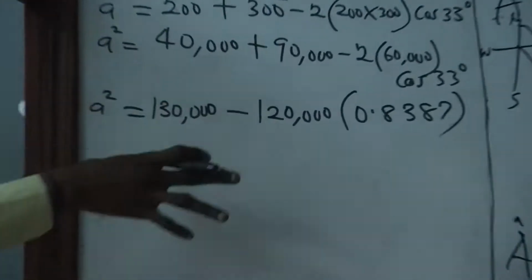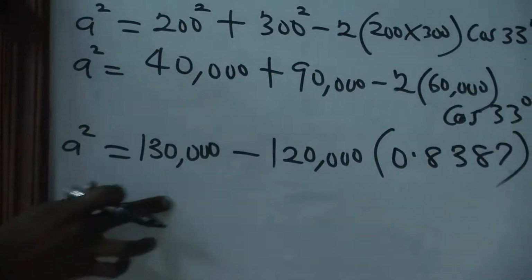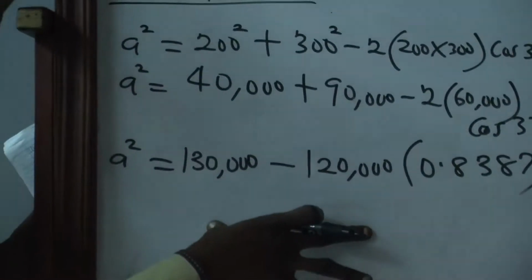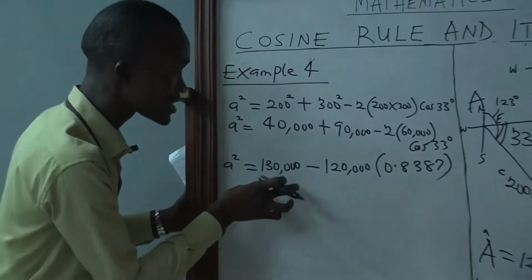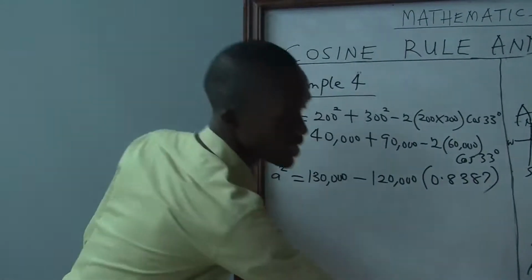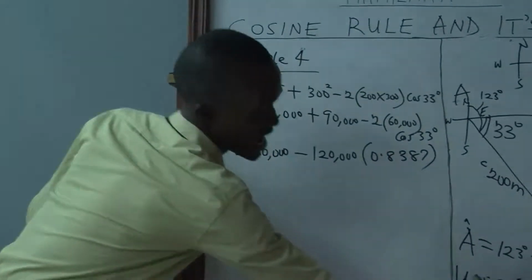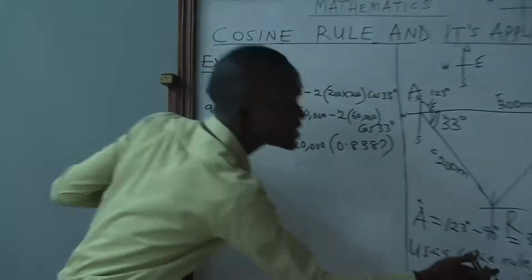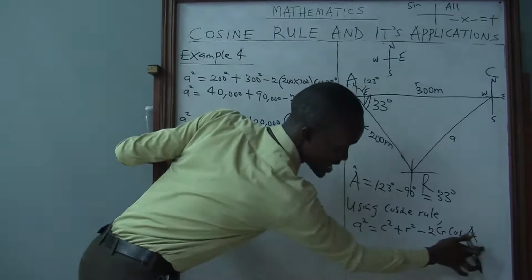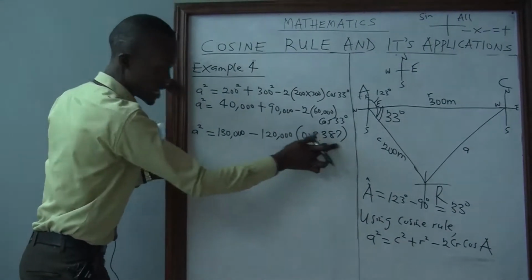So I will explain this again. We cannot subtract 120,000 from 130,000 because they are not together. 130,000 we obtain from the addition of c square and r square. C square and r square are separate, while in this one the three of them are together, and from these three we generate this.